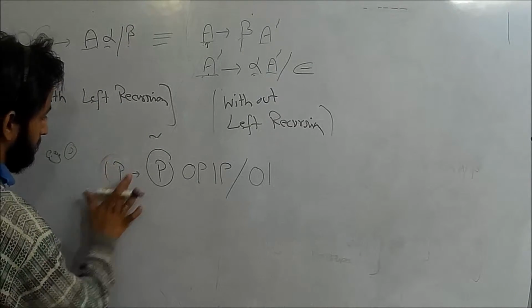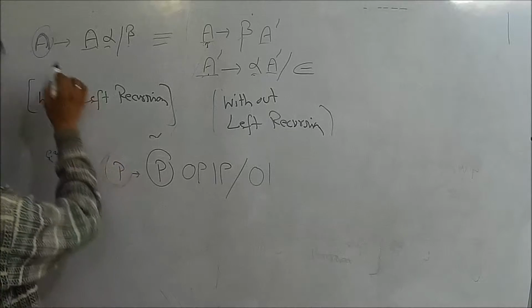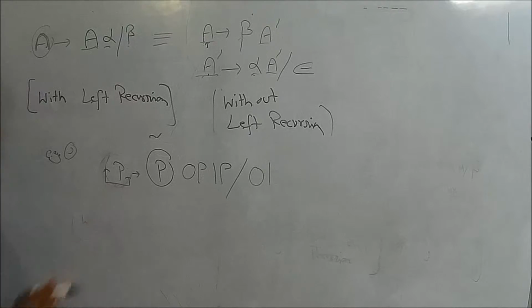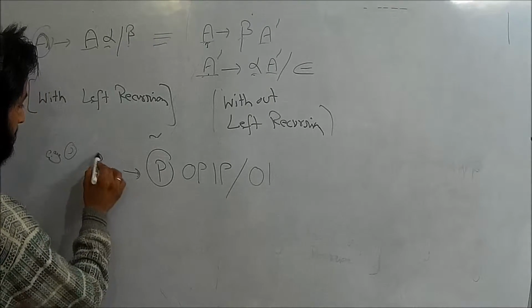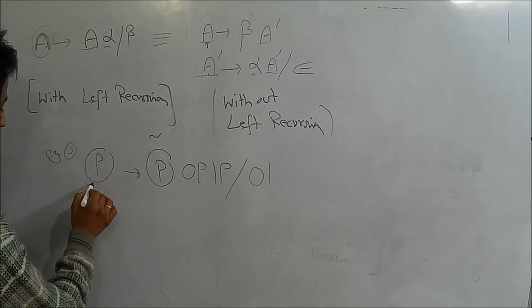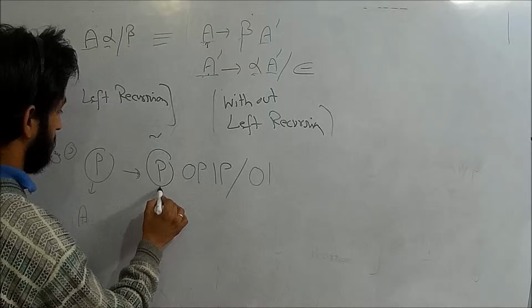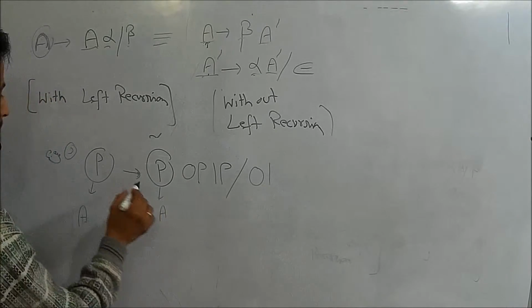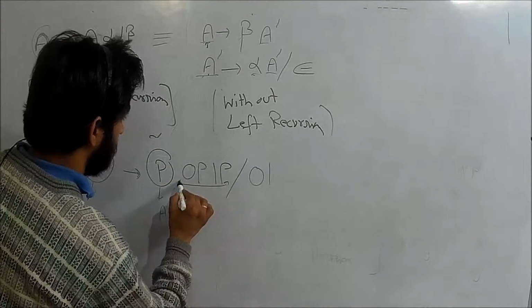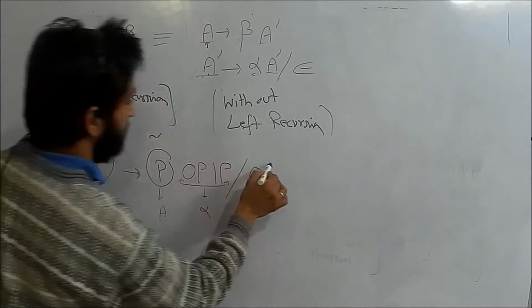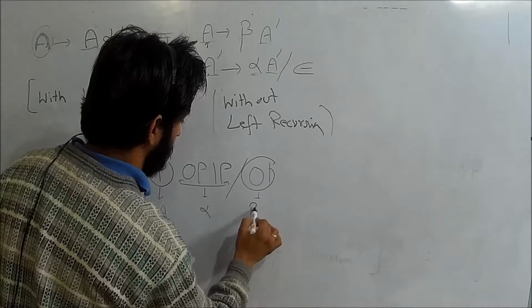So here we will take this as A. This one is also A, and this whole is taken as alpha, and this one we take as beta.